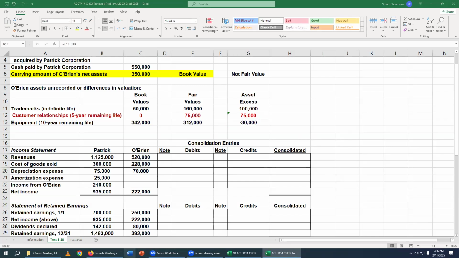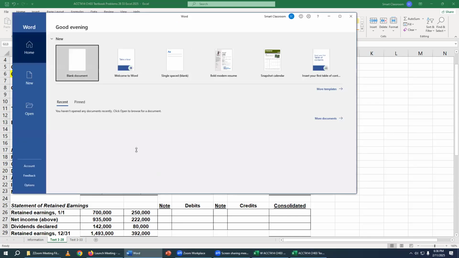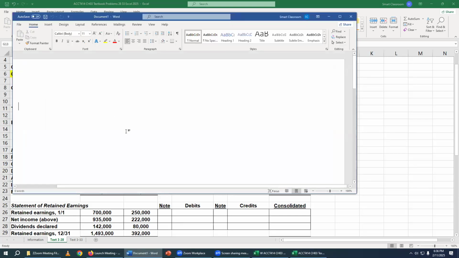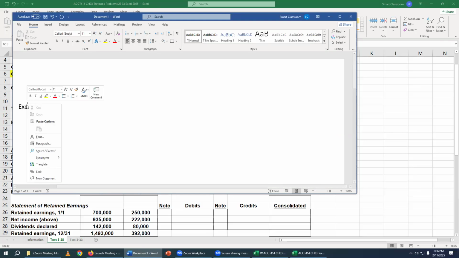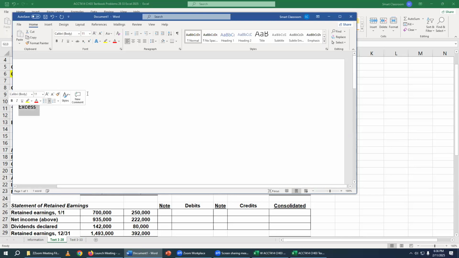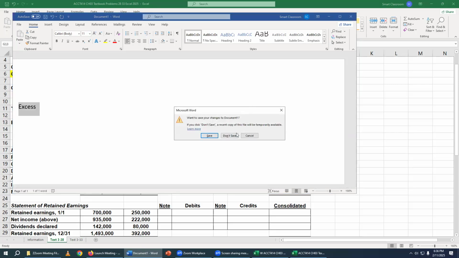Oh, I wonder what word says... what's the opposite of excess? Surplus.